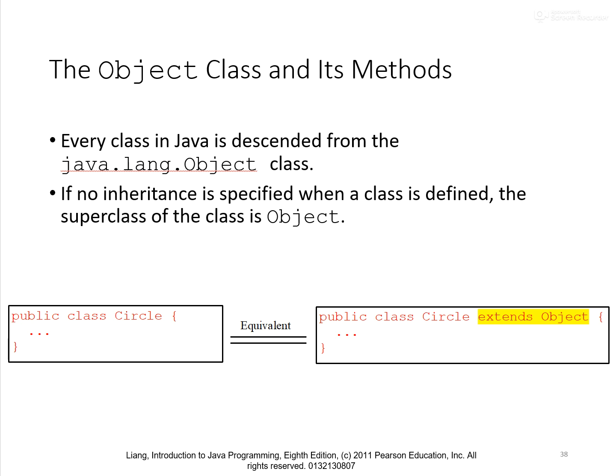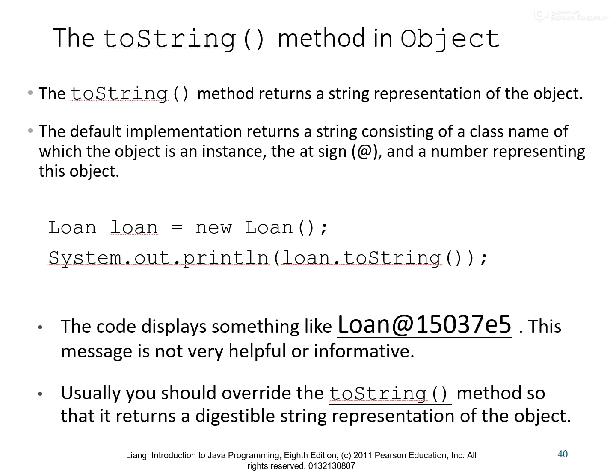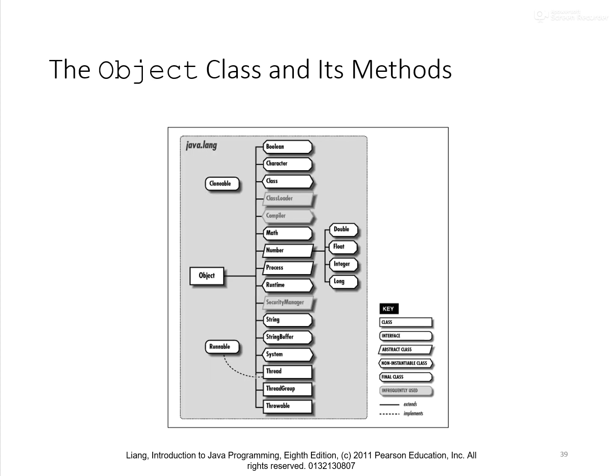Flowing from that is the idea of the toString method. Why is it that we can call the toString method for any class without even writing it at times? I also demonstrated that in the last video. The reason is that the toString method is actually a method of the Object class, which sits at the very top in the Java API.